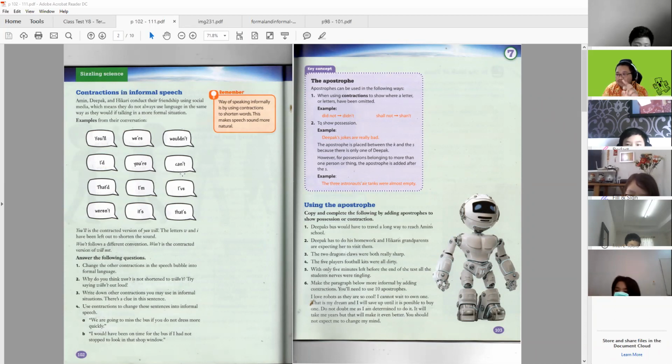Because there is a difference between the two sounds. Right. Okay. How about this one? How do you pronounce it? That'd. That had or that would. Okay. How about this one? Easy one again.